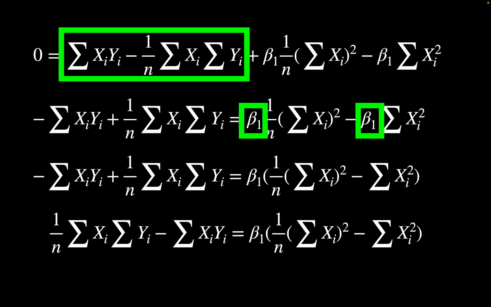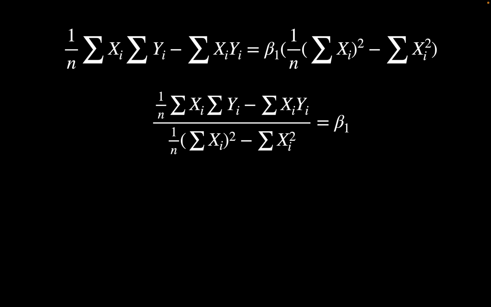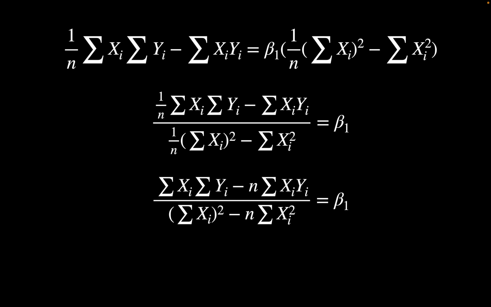On the left-hand side, I simply flipped the terms to make it look a little bit nicer. Then to get beta 1 on its own, we can divide by everything else that's on the right-hand side besides beta 1. And again, to do some cleaning up, we can multiply the top and bottom by n. And finally, this gives us the beta 1 value that minimizes our mean square error.